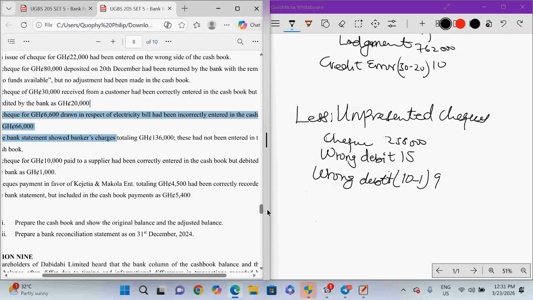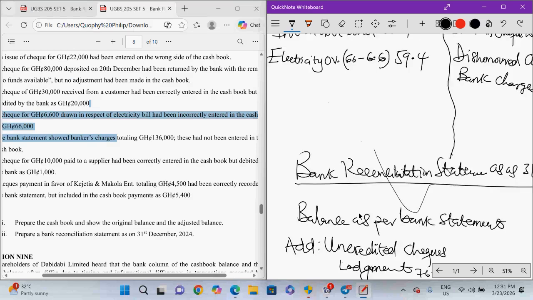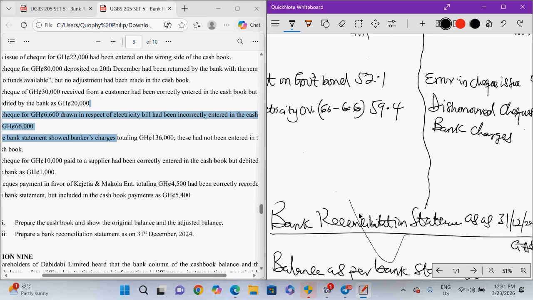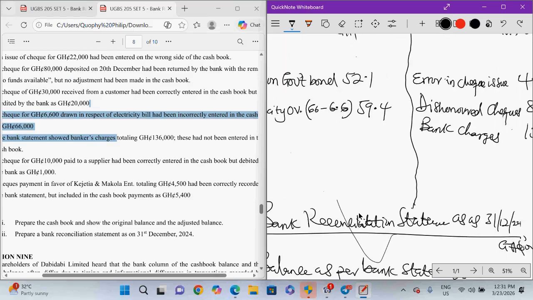But at which side did we record it? Credit side. So we recorded it at the credit side. We are supposed to record 4,500, and we recorded 5,400. So this is what they did. Payments to the enterprise. Is it payment?